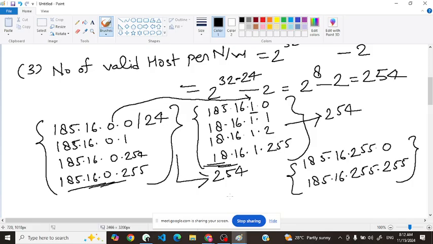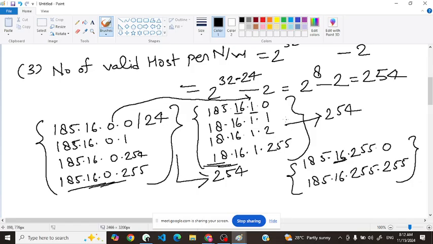The number of networks that can be formed is 2 to the power 8, but we have only formed up to 17. No, we will not increase the value in the second octet. Am I making any changes in the second octet?